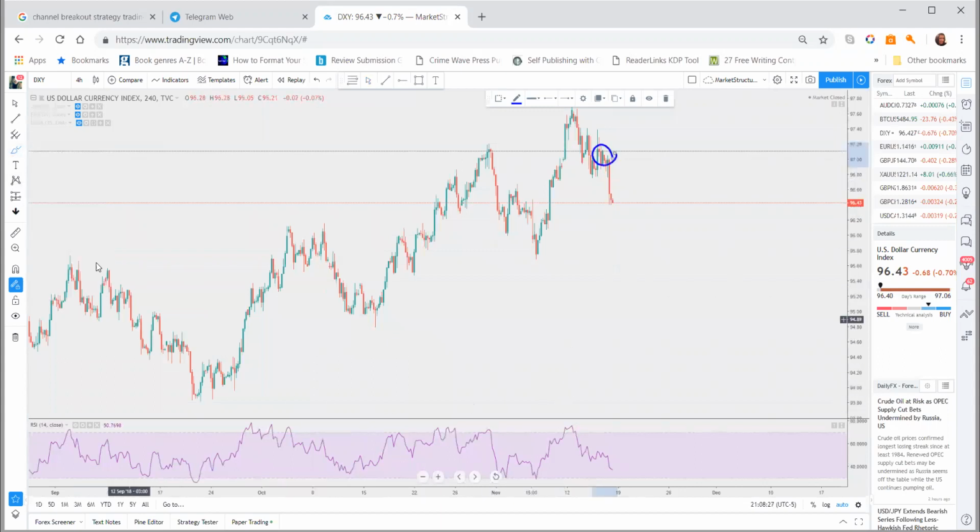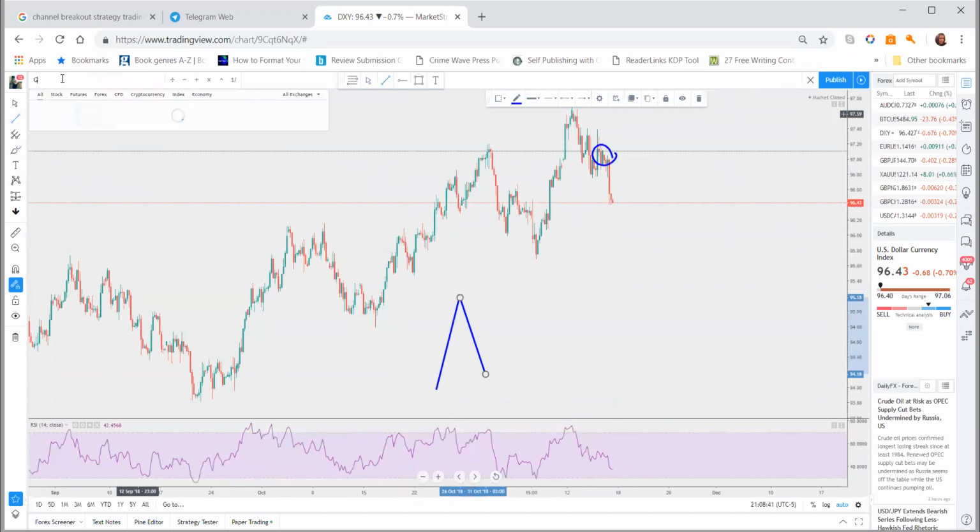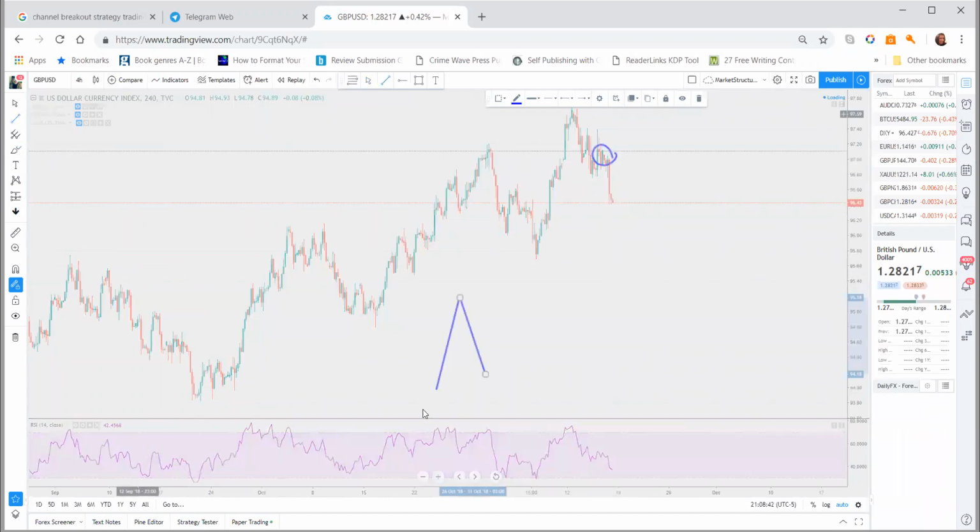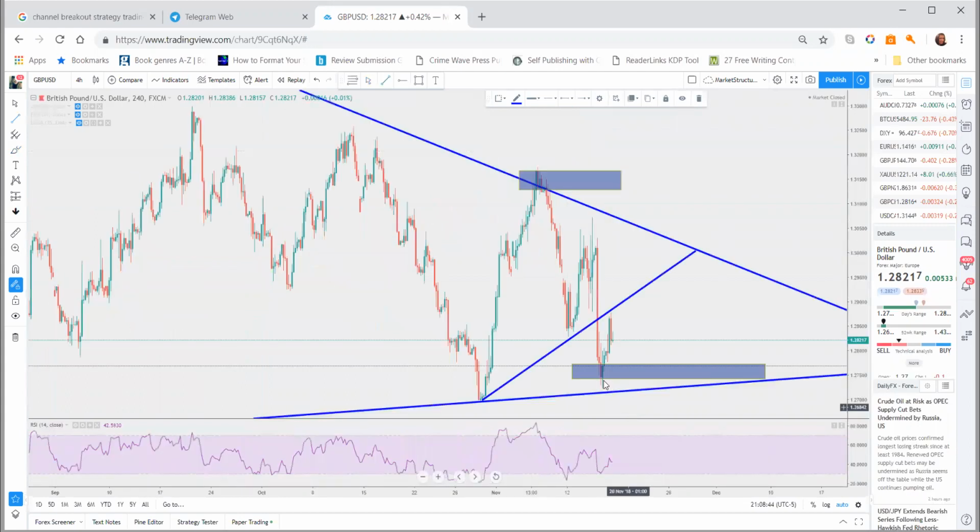And so that's how I caught this one trade, because GBP was going up and DXY was coming down. So that's how I caught that pair. So I got it from down here and got 120 pips off that.